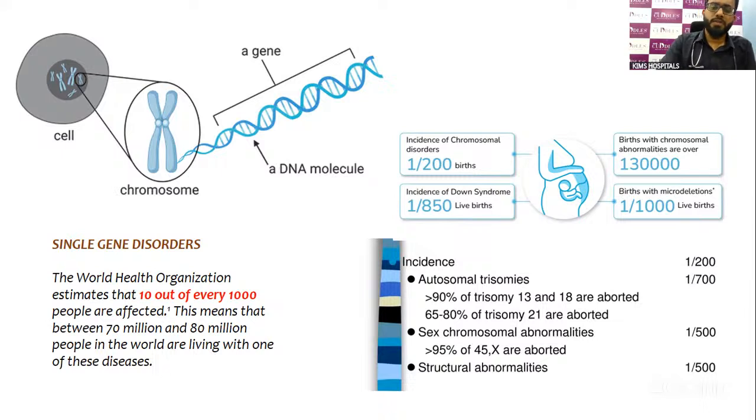Okay, so overall, if you see, the incidence of trisomies is pretty high, that is 1 in 200. Then we are looking at structural chromosomal abnormalities and structural chromosomal sex abnormalities. So these are the rough incidences. What I mean to say is that both single gene disorders and chromosomal disorders are pretty common in incidence.